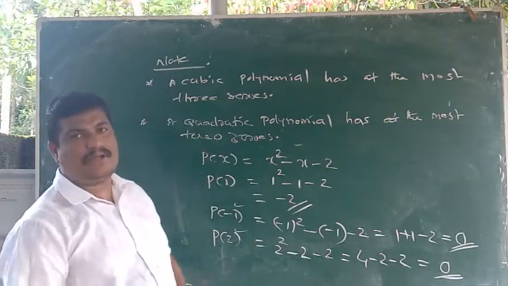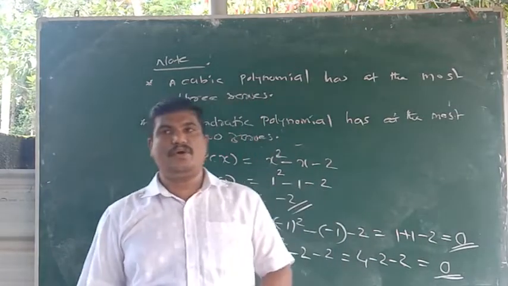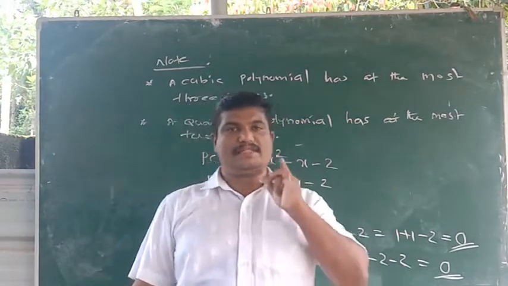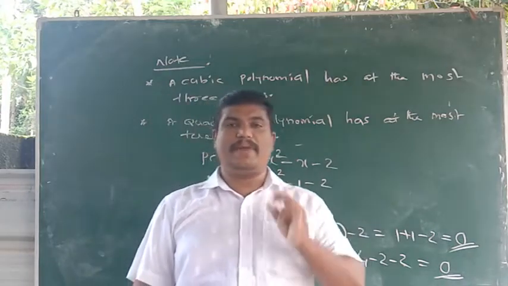Okay, linear polynomial has maximum 1 zero, quadratic polynomial maximum 2 zeros, cubic polynomial has maximum 3 zeros.